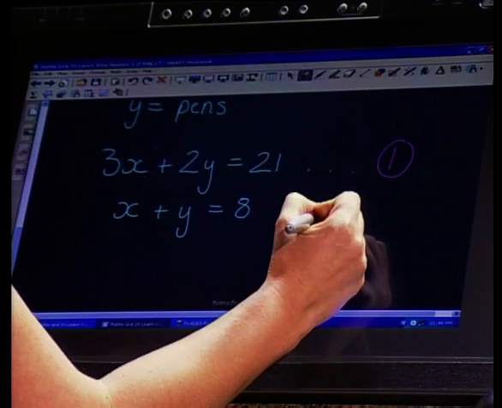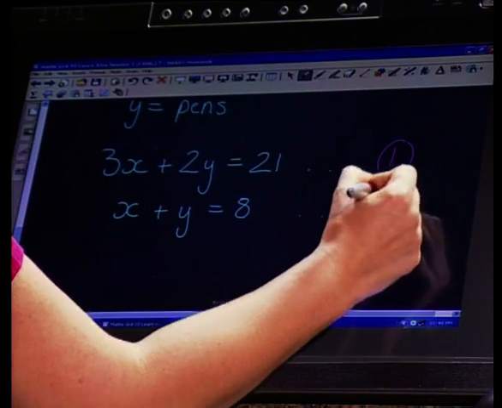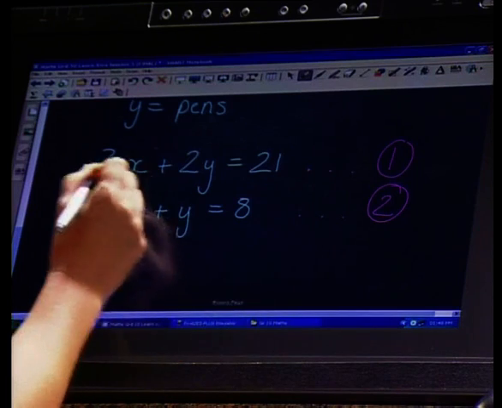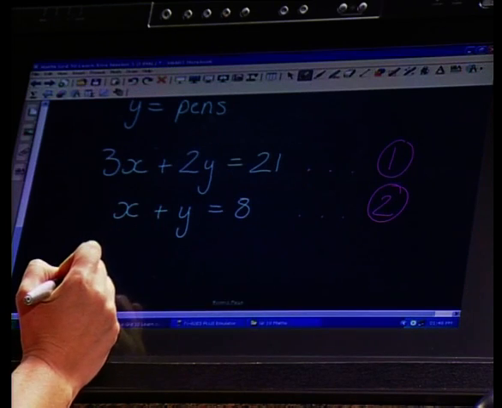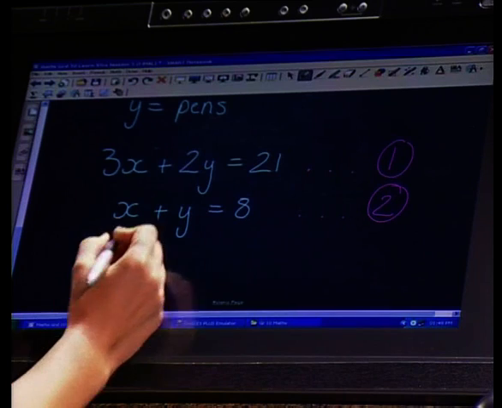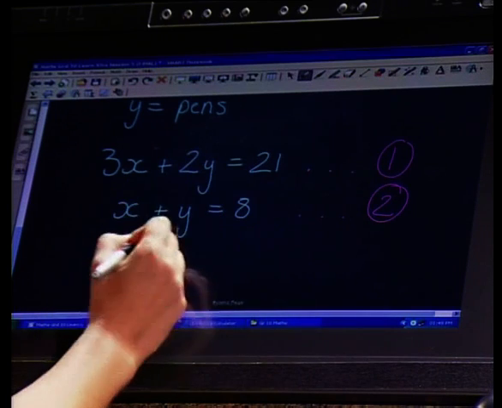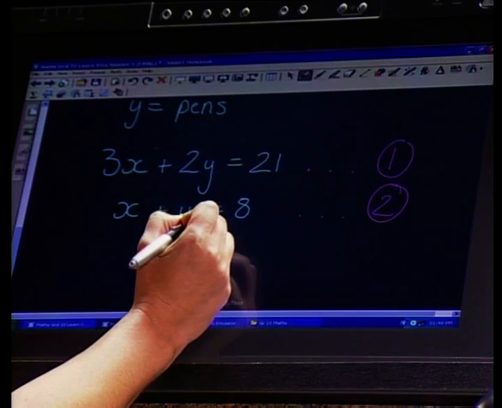Let's start. So we have our 2 equations over here. I'm going to start by giving them names. I'll call this one number 1 and this one number 2. Before I go any further, I need to play with one of them to make it easier to work with. So I'm going to play with the second one because it is a nicer equation to work with.